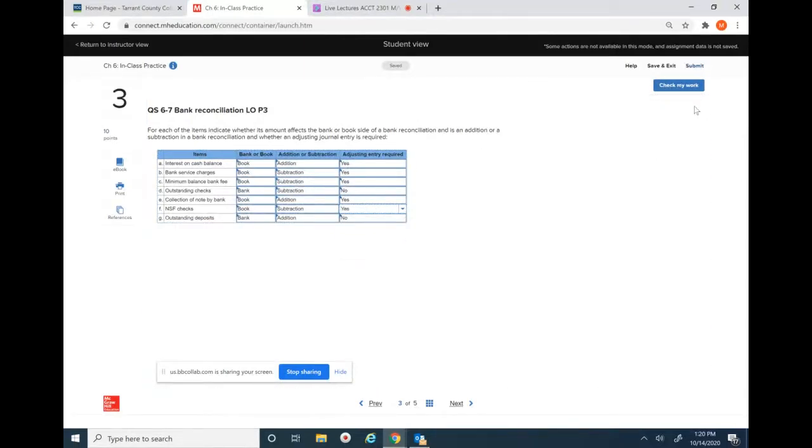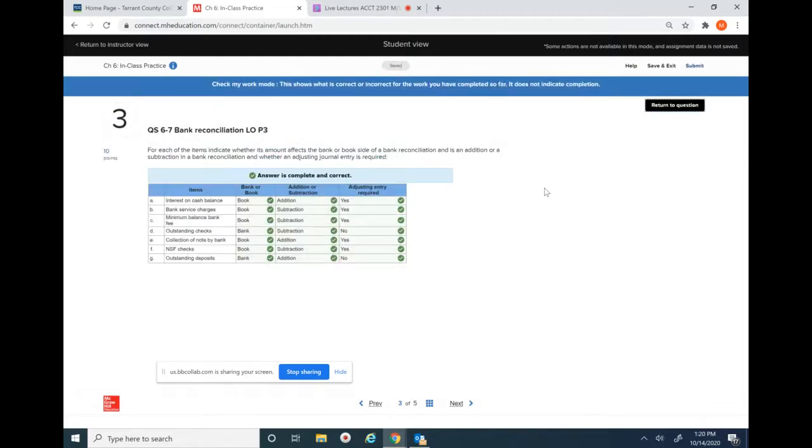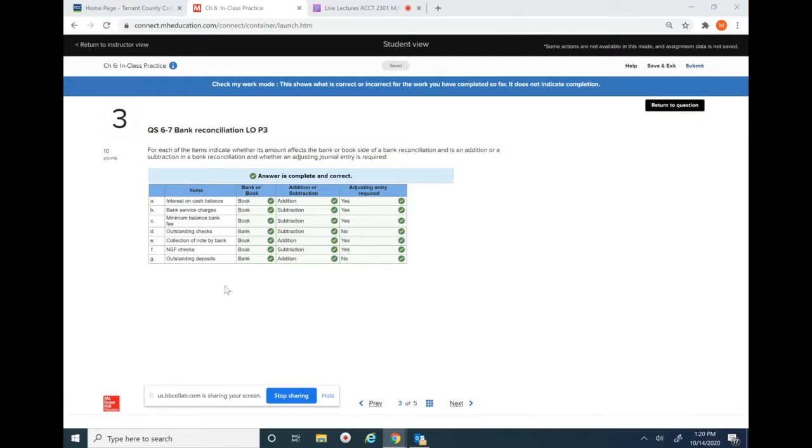So I was going pretty fast here, so I'm going to check my work just in case. Okay, well, they're all green. So all right. The reason why I wanted to show you this is because our next step is to actually prepare a bank reconciliation. So the bank reconciliation we'll work on is the next problem.